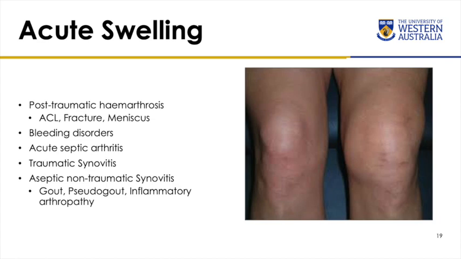Traumatic synovitis is where an injury to the knee stimulates a reactive synovitis. Acute swelling of the knee without a history of trauma or signs of infection suggests gout, pseudogout, or an inflammatory arthropathy. Aspiration of the joint will demonstrate crystals in gout and pseudogout, and treatment is with anti-inflammatory medications.